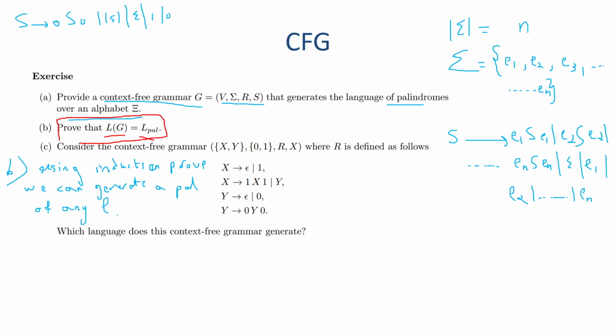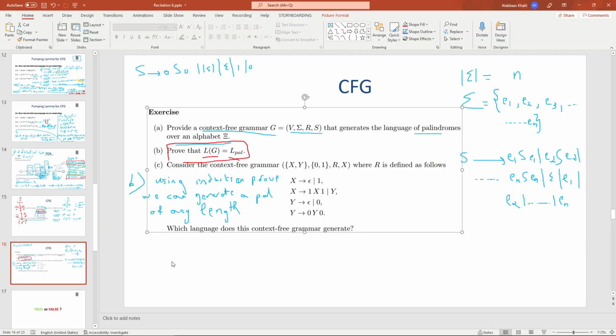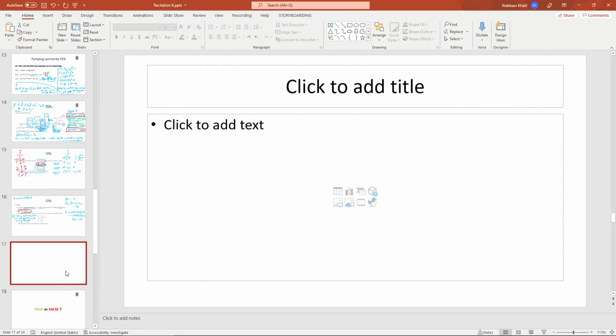Like, think about it. If you're able to prove that you can generate a palindrome of any length, that means you made a language that generates all palindromes. Okay, so how does the induction theory go? Well, something like this.